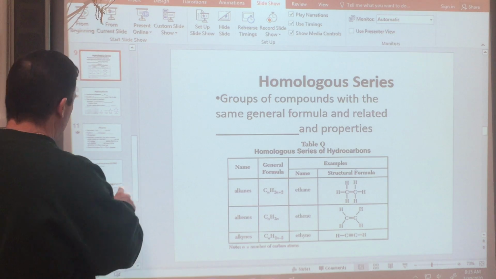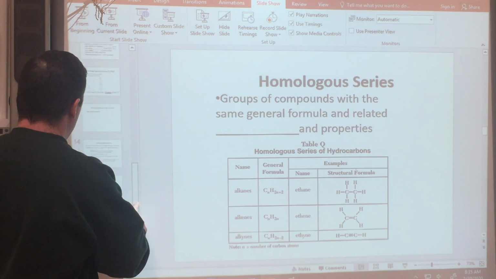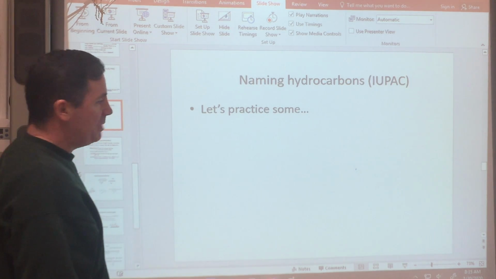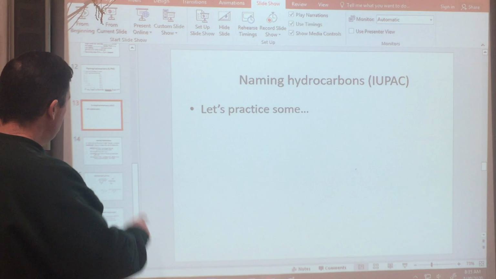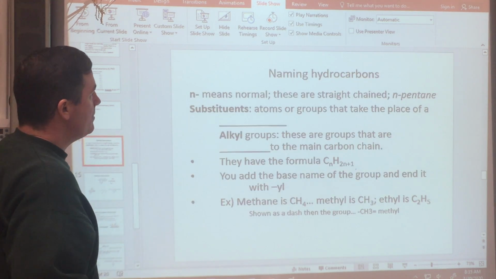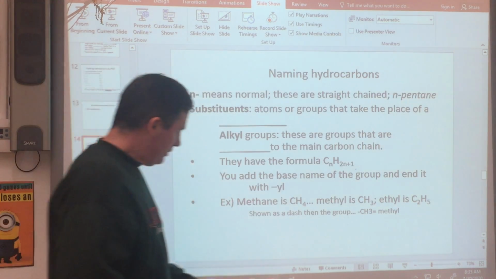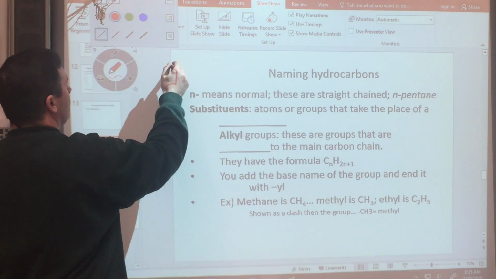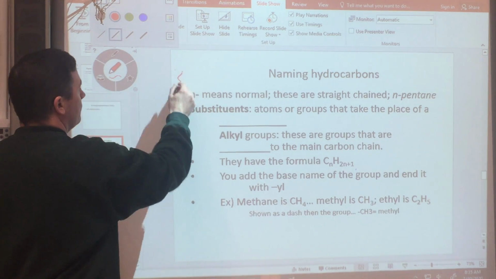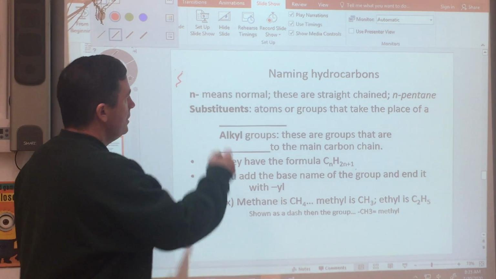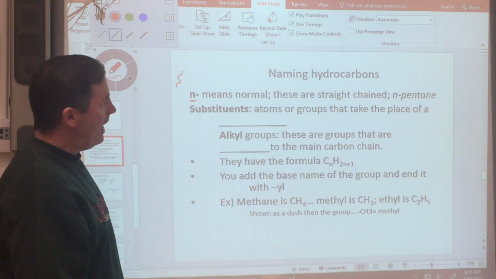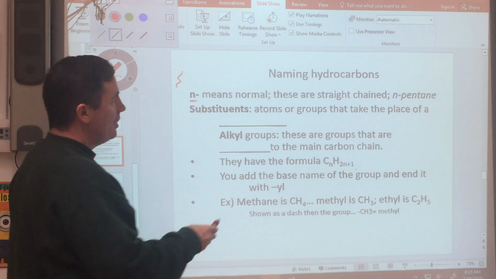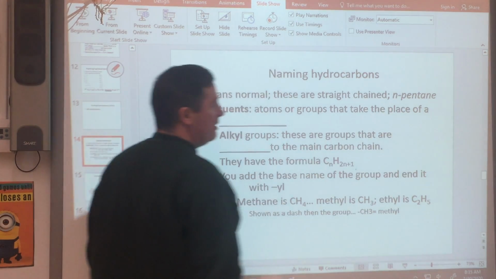So let's go back to where we were. We practiced some of these, pentane, butane, methane maybe. And now we've got to go to the next level of understanding. Sometimes you'll see the letter N in front of a chemical compound's name. So, for example, N-pentane.